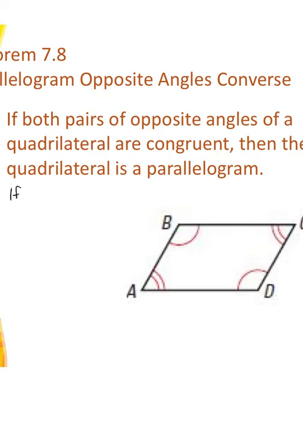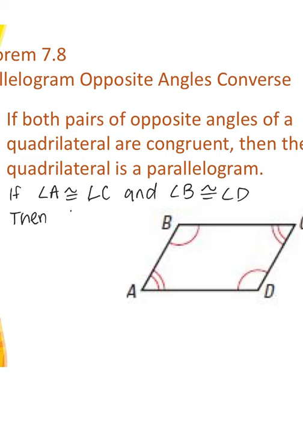So if angle A is congruent to angle C and angle B is congruent to angle D, then ABCD is a parallelogram.